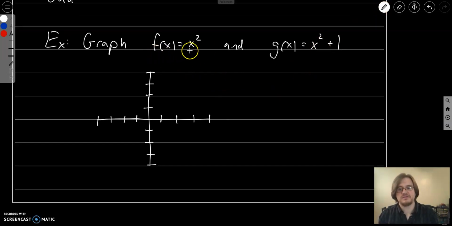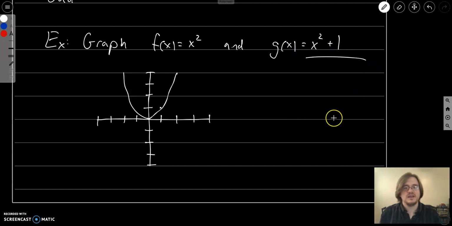If we graph f of x is equal to x squared, well, this is the parabola that we just saw. So 1 squared is 1, 2 squared is 4, so we'll be coming up kind of in this U shape, kind of like this. But now let's look at the graph of x squared plus 1. So what does adding 1 to this function do? Well, if I plug in 0, 0 squared plus 1 is 1. 1 squared is 1, plus 1 is 2.